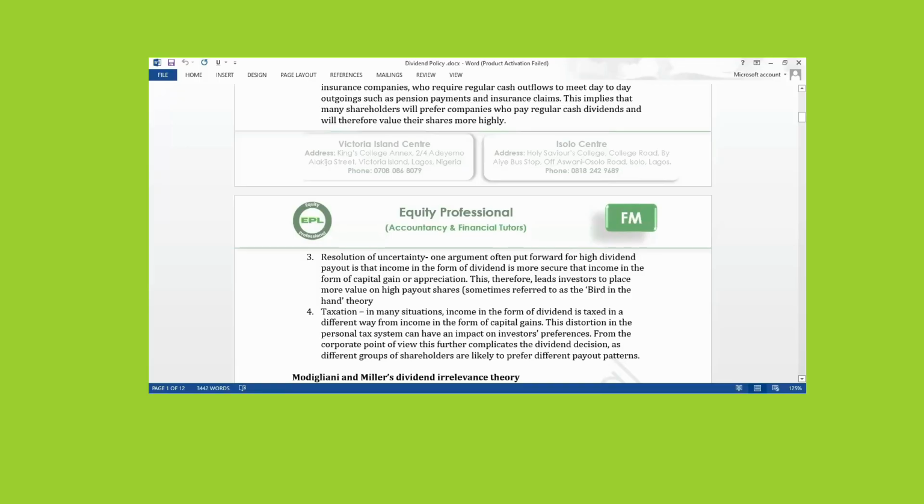Investors place more value on high dividend payout shares.